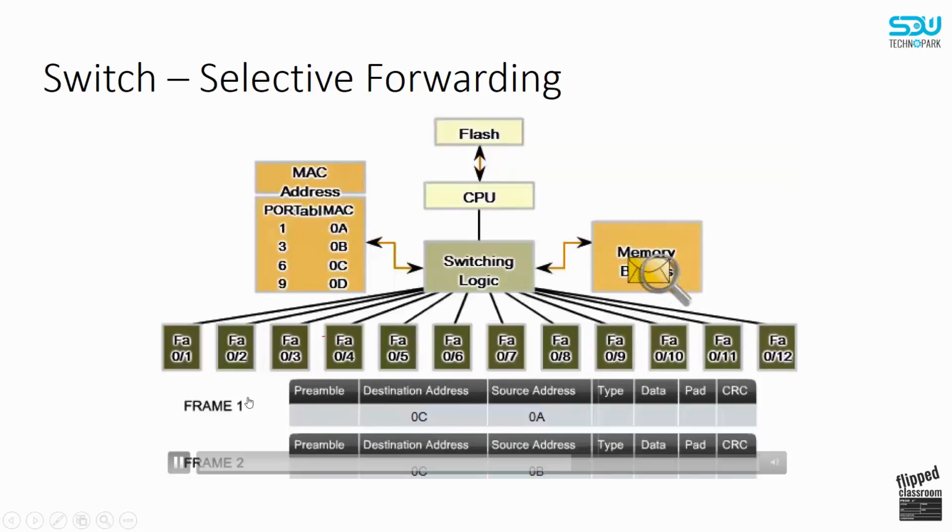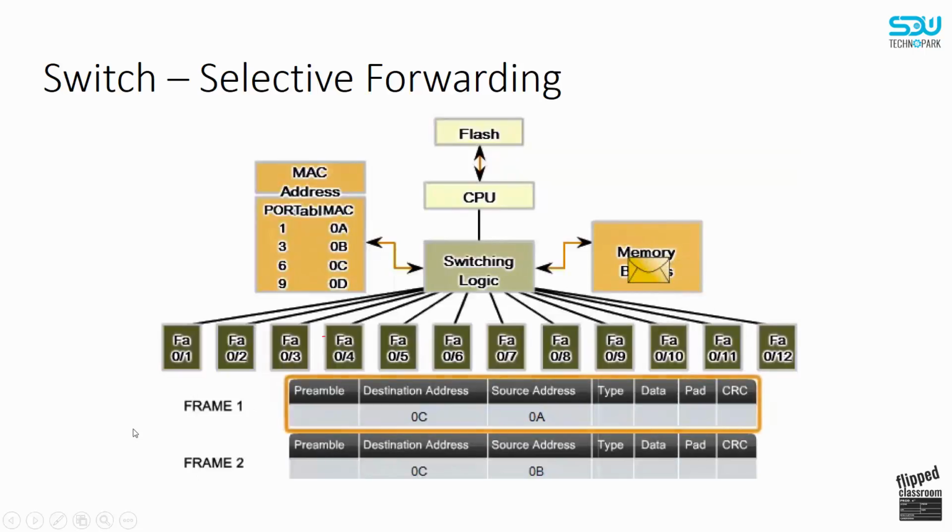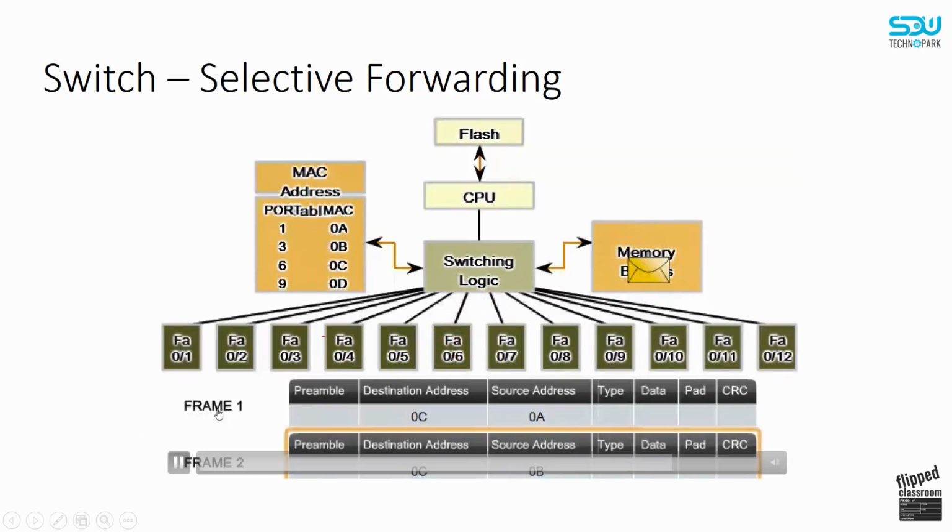Let's take a look. Okay, the switch understood where to resend the information, and afterward the frame has to be resent from the buffer to the proper port, and the same for the second frame.